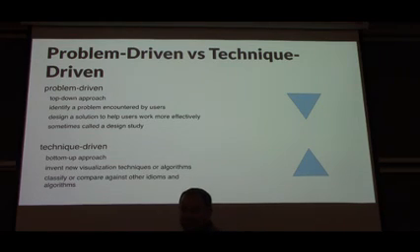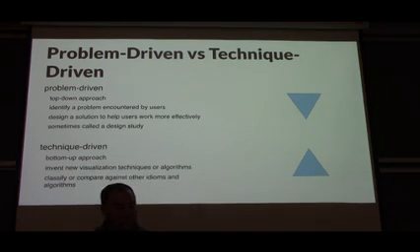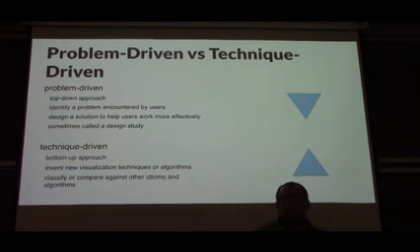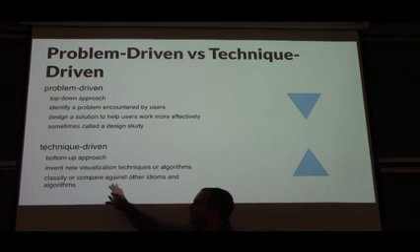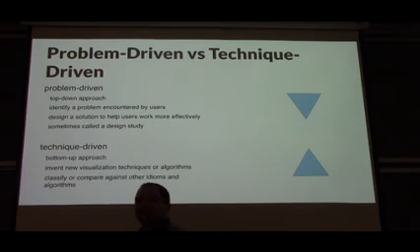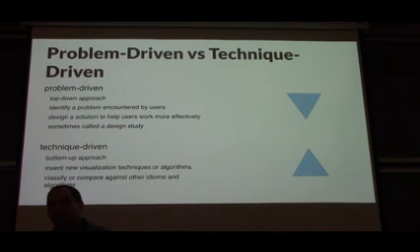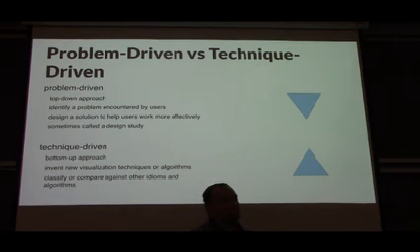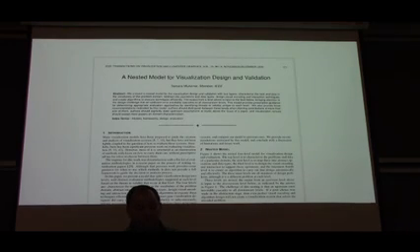Here you can then classify or compare against other visualization techniques or algorithms. This is a very technical approach. We want to improve something or invent something without necessarily having a specific data set in mind, whereas in the problem-driven approach, we try to solve somebody's real problem.